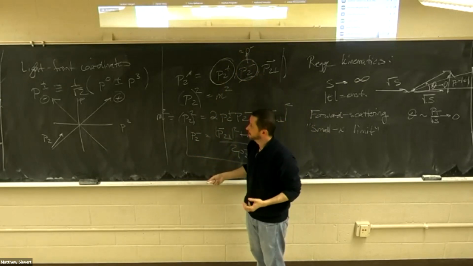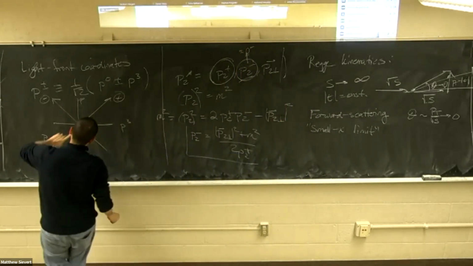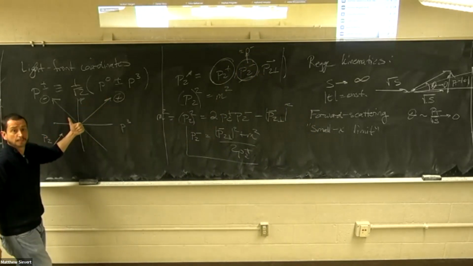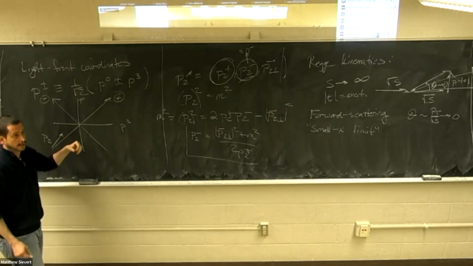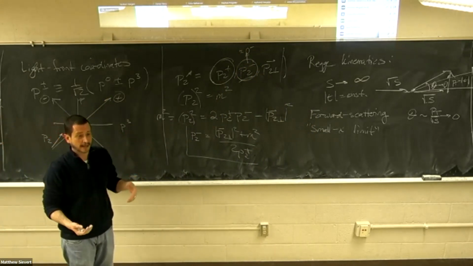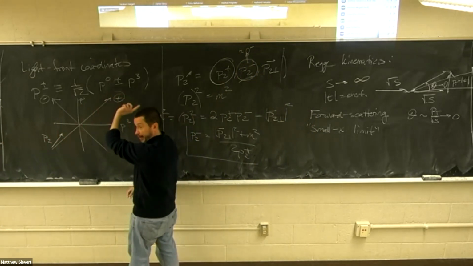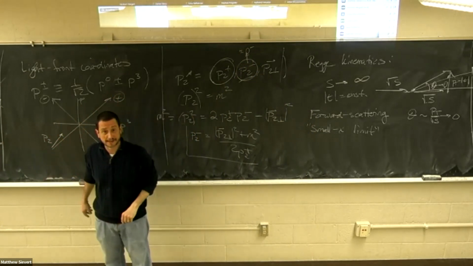So for an ultra-relativistic particle, you have a large component in a particular light front direction, and that typically gives you a very small component in the opposite light front direction. That's really the beauty of it, that it allows you to disentangle the kinematics of things that are going in the plus direction at the speed of light from things going in the minus direction.